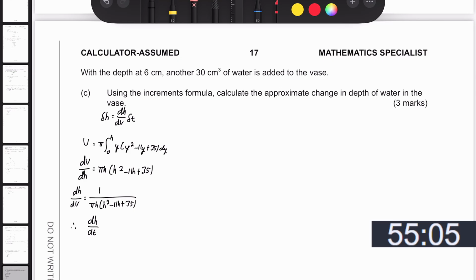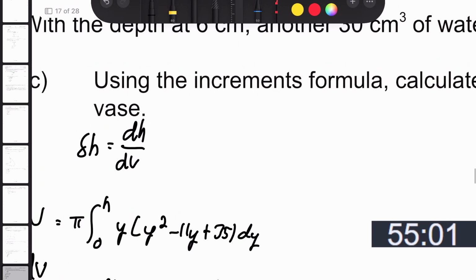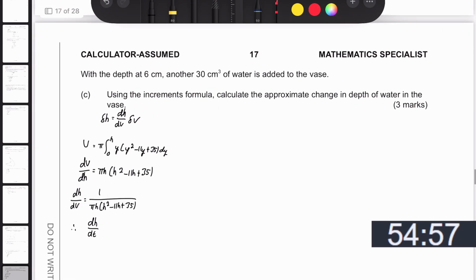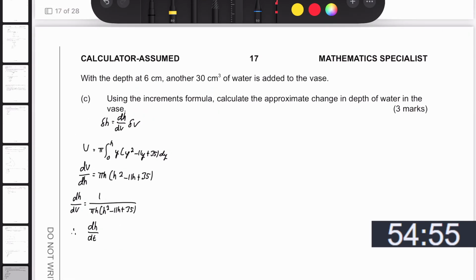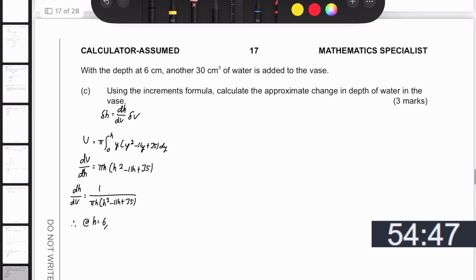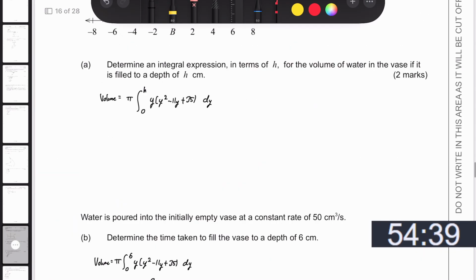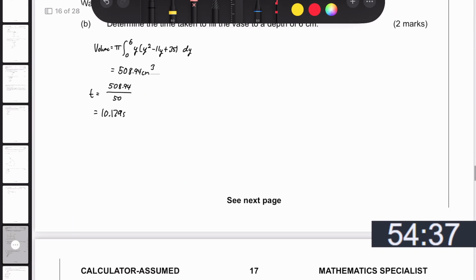Delta h. I want this to be a small change in volume. For delta v at h equals 6 and delta v equals 30, because these are all in centimeters. Yes.